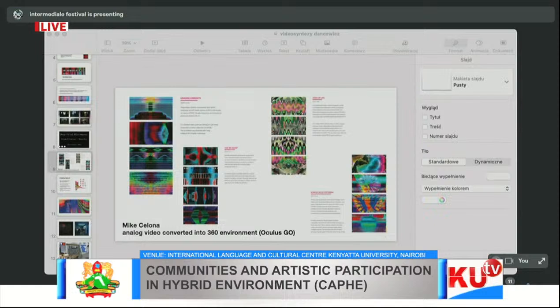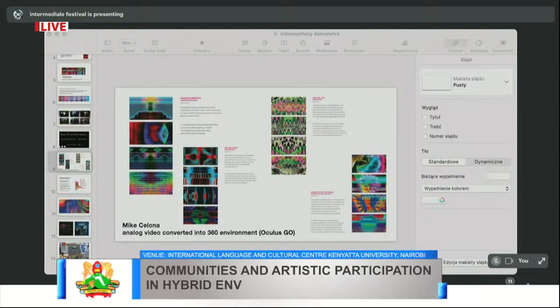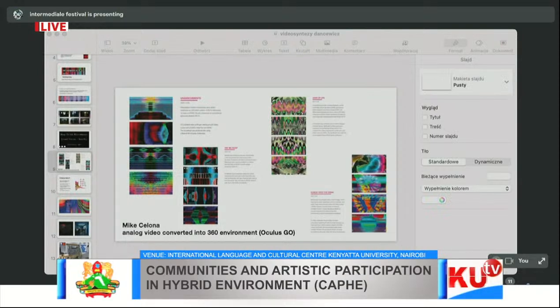And it was done in the form of theatrical video screening, but also in the form of installation loops. You can find it at the website of the artist and at his profile on YouTube. It's all available, also for Oculus Go and for Google Cardboard for a personal mobile phone.